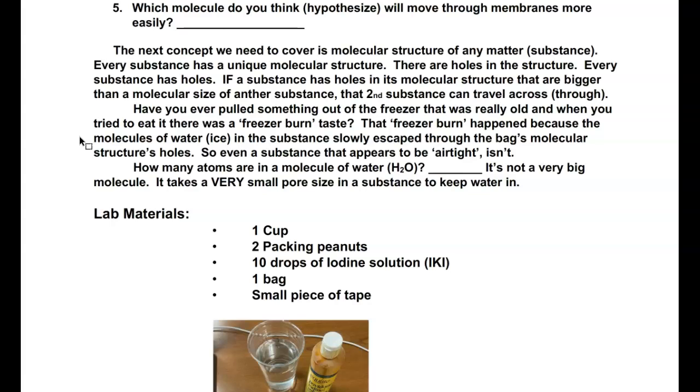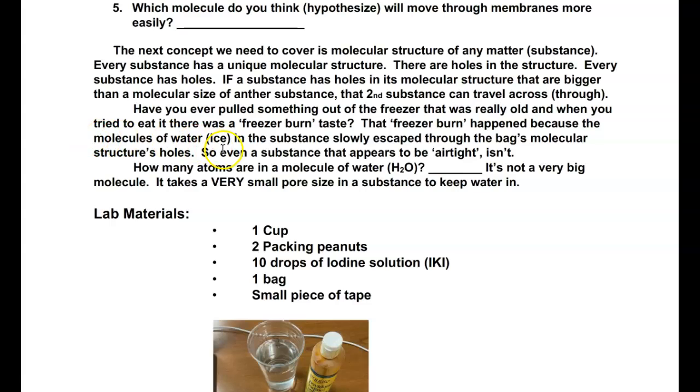It went from the solid water, which is ice, straight to the gas, or water vapor. It skipped the liquid altogether, went to the gas, and managed to wiggle out through the pores in whatever container or bag the food was in. And as all of that moisture slowly gets out of the bag or container, that's the freezer burn. So it's really a slow dehydration. And that's how a freezer or refrigerator works. One of the ways is it expands that air and it sucks out all the moisture.